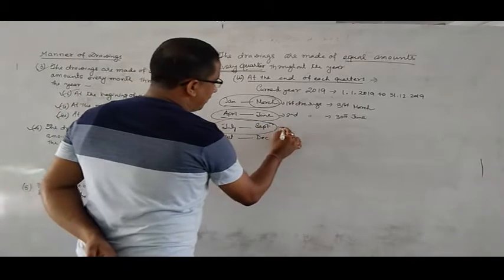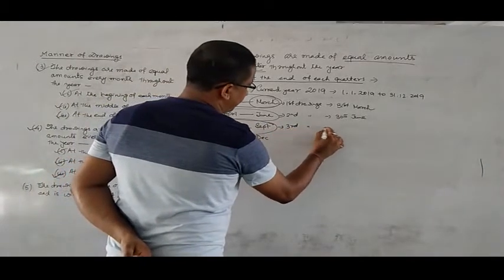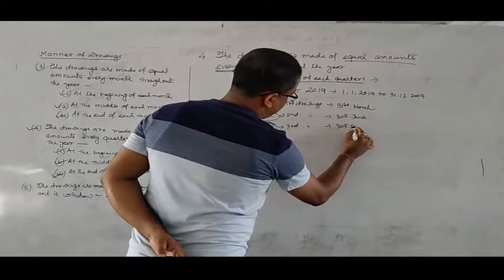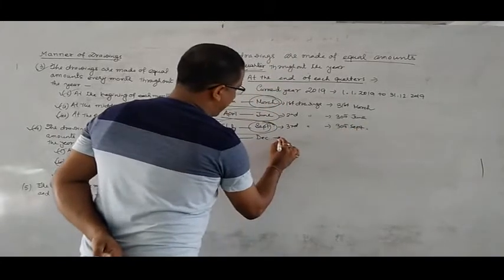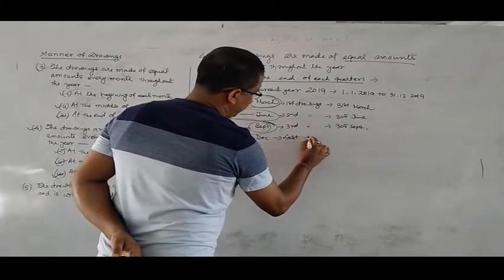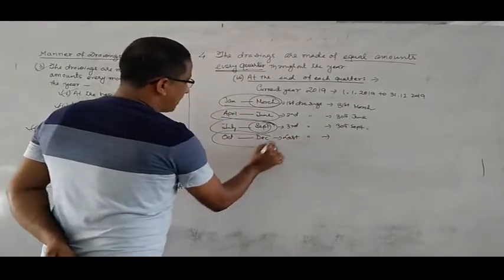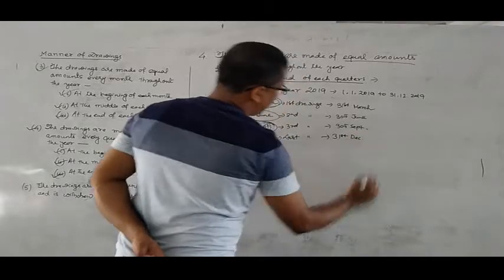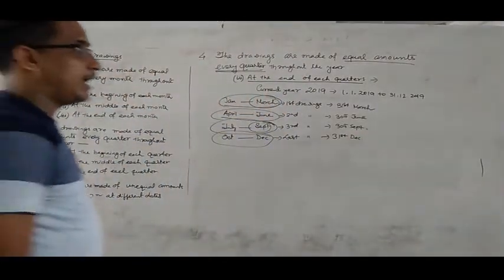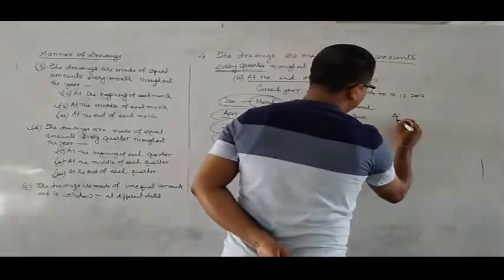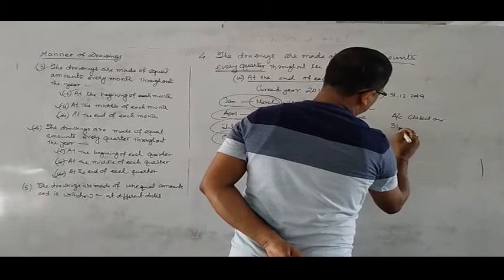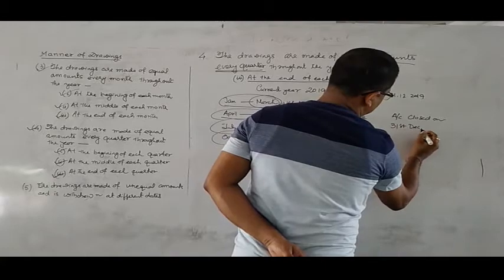July to September, third drawing, last day 30th September. And last drawing, October to December, last day is 31st December. Okay, our account is closed on 31st December 2019.